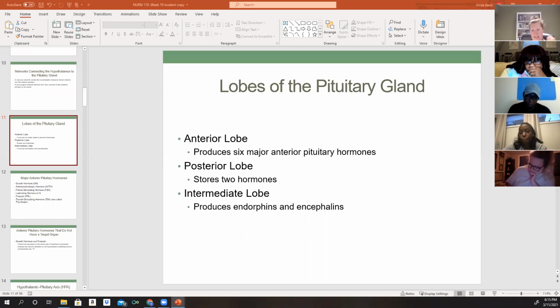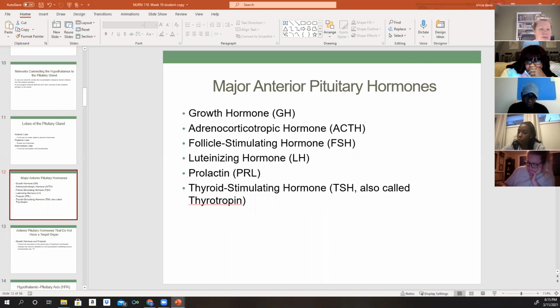These are released in response to the body when it's under severe stress or pain. They work by occupying specific endorphin receptor sites in the brain stem of the brain to help block that perception of pain.